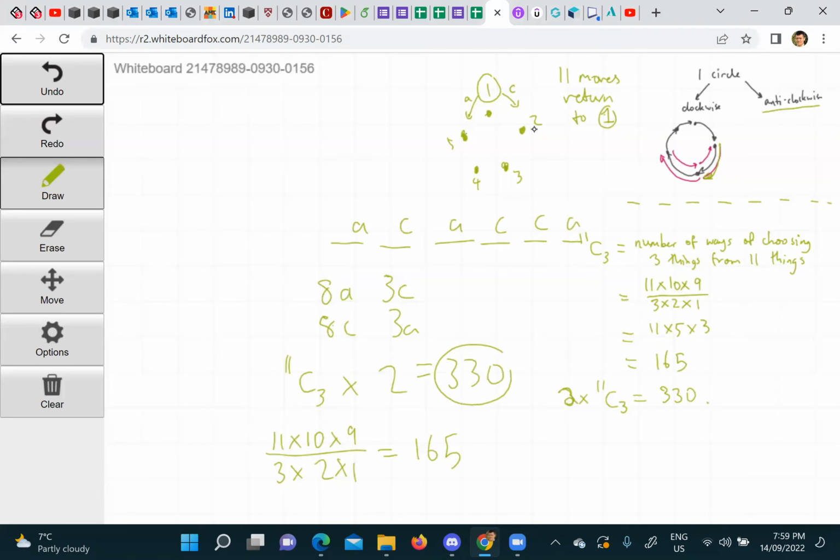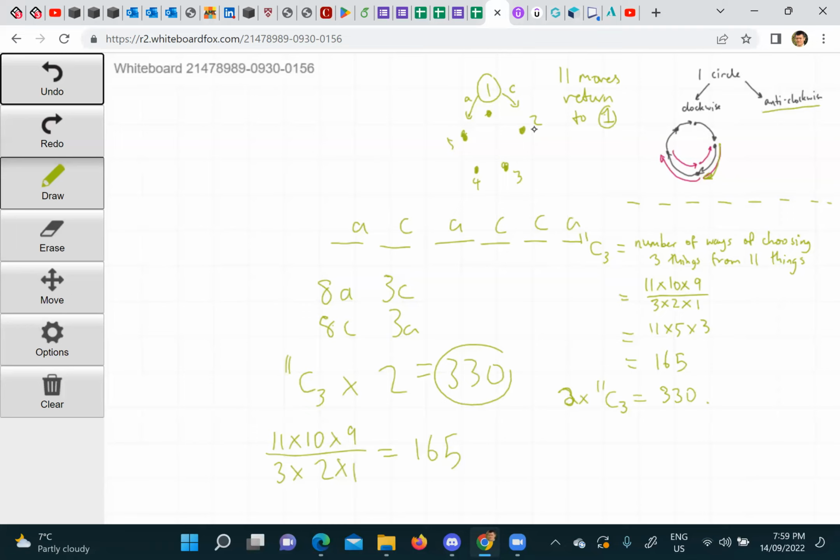Any questions? Someone told me this was a really hard question. I think this would be super hard if you didn't know how to do choose. No, I think it's harder if you didn't figure out that you should do anti-clockwise or clockwise and just literally list it.